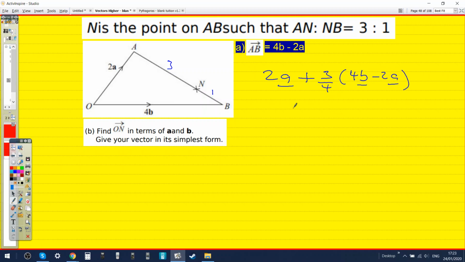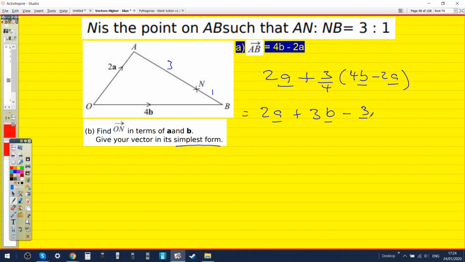Then multiply out the brackets to get 2a plus 3/4 of 4b minus 3/4 of 2a. Well, what is 3/4 of 4b? 3b. Yeah. Minus 3/4 of 2a, which is a half a? No, 1.5a. 1.5a.